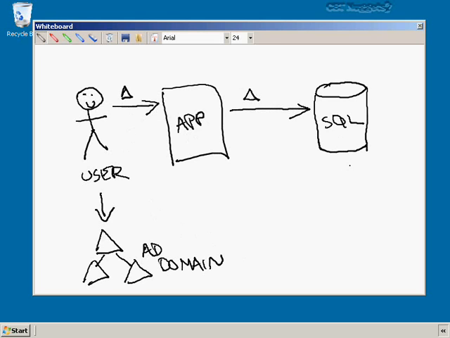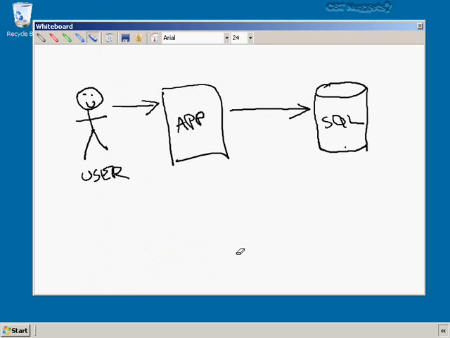SQL Server looks to see if that particular Windows account is allowed to use this database. If it's allowed to add information, read information, delete information, or whatever other permissions it has. So everything is based down here in the Active Directory domain. So that's probably the best way to build applications. Now it's only been, my goodness, about 10 years that we've been able to do that.